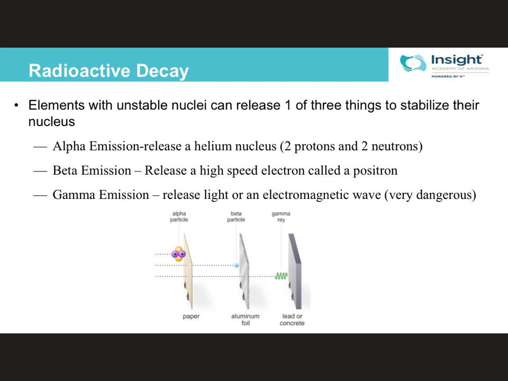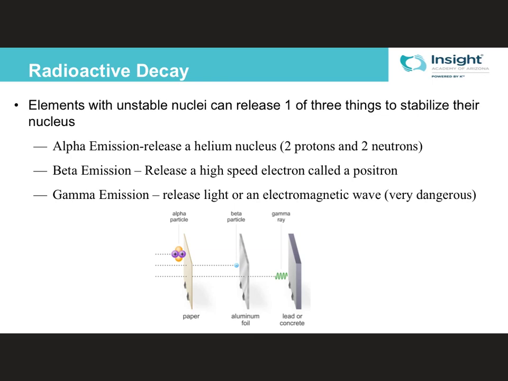Radioactive decay will always release energy and usually some particles. Here are a few examples. When reacting, the nucleus might release an alpha particle via what we call alpha emission.